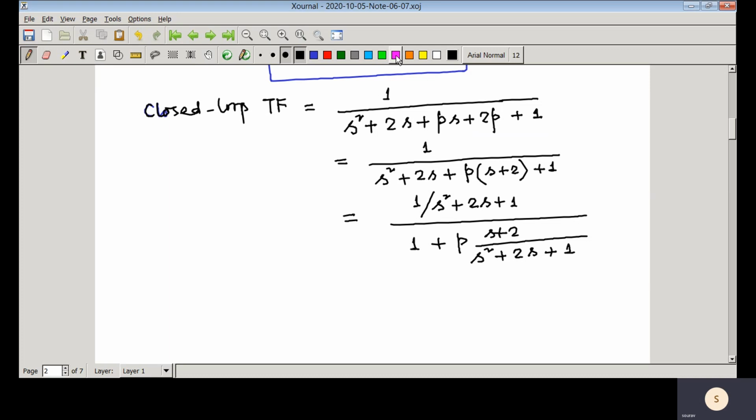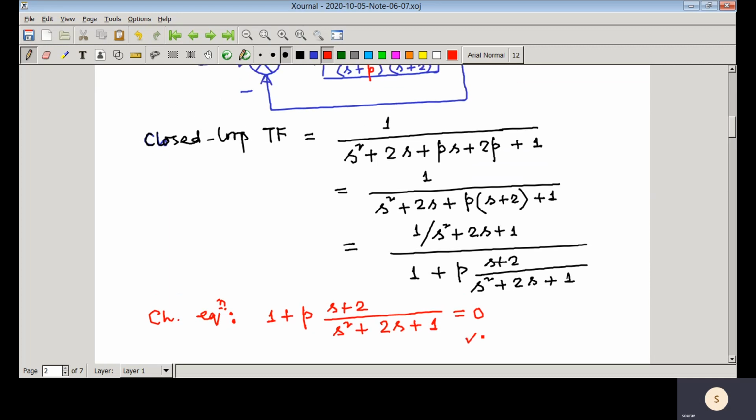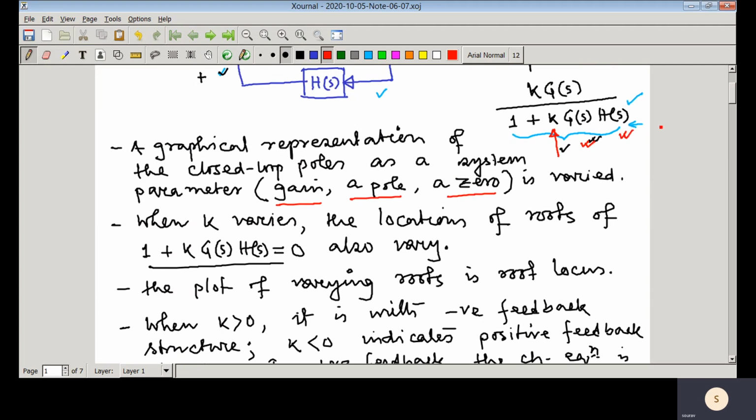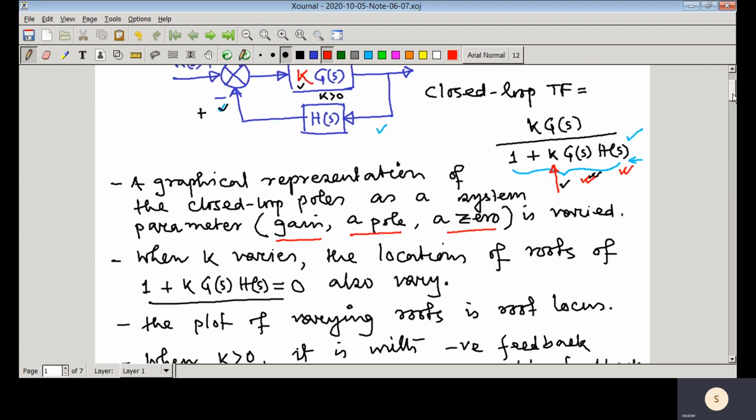So now the characteristic equation in this particular problem becomes 1 plus p into s plus 2 divided by s square plus 2s plus 1 equal to 0. Now if we look at this characteristic equation and the characteristic equation that we considered in root locus, they are in the same structure.